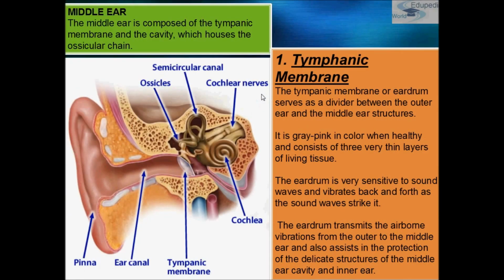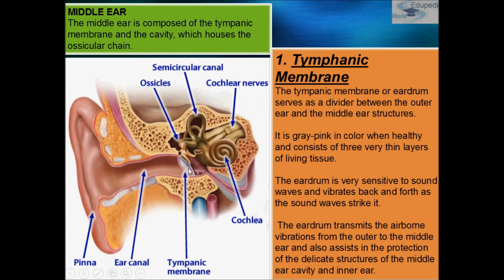So let's see. Middle ear. Middle ear is composed of tympanic membrane and a cavity which houses the ossicular chain. And which is the ossicular chain? Ossicles are malleus, incus and stapes. So first we'll study tympanic membrane. Tympanic membrane is also known as eardrum. This is your eardrum.